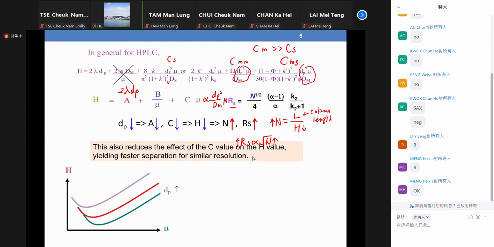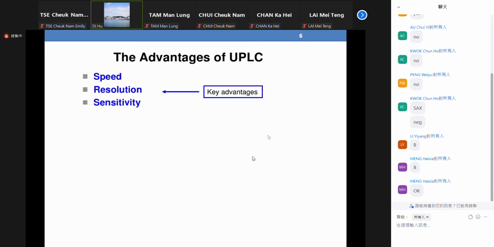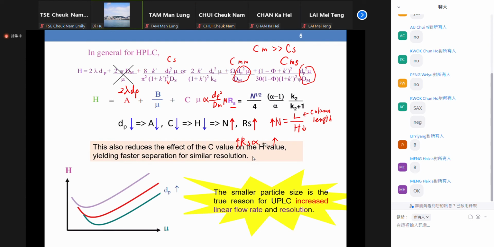So that's why we see, with dP decreased, because also the C term, with a smaller dP, the C mu all decreased, and that reduces the effect of the C term on the H value.